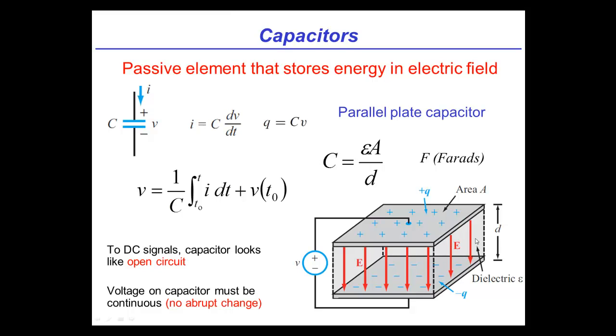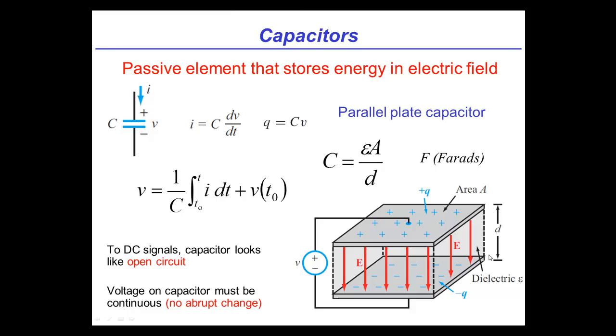That insulator has some dielectric constant associated with it, epsilon. Then for that device, the capacitance is equal to epsilon, the dielectric constant of the insulator, times A, the superposed cross-sectional area of the plates, divided by D, which is the gap between the two plates.